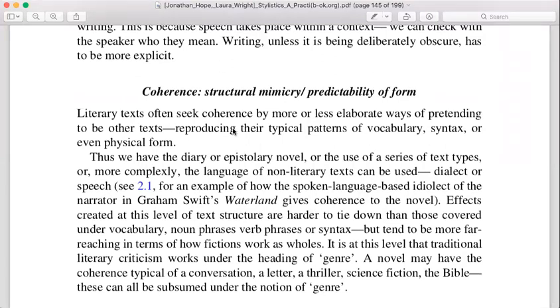Okay, so cohesion basically is a means. It's a linguistic means through which the text keeps a good structure, grammatically speaking. It is used to show that the text has a structure that goes beyond the clause.